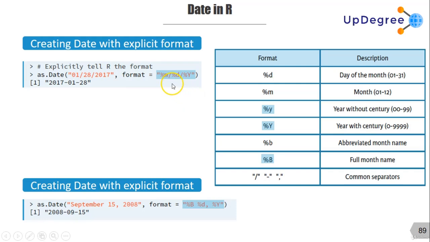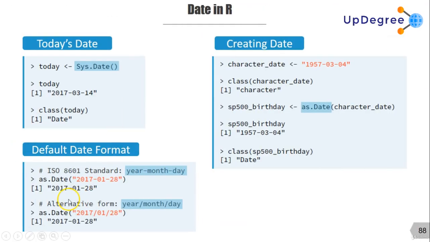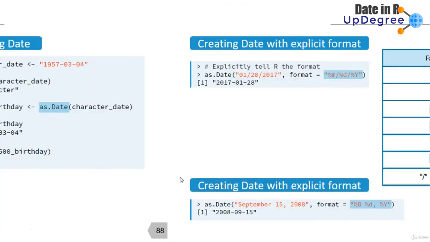Simply you have to pass that this 01 is month, then this is day and this is year. Once you pass this format, R would again understand, and when you ask for the output, it will give you the default output. What was the default output? The default output was year, month and day.